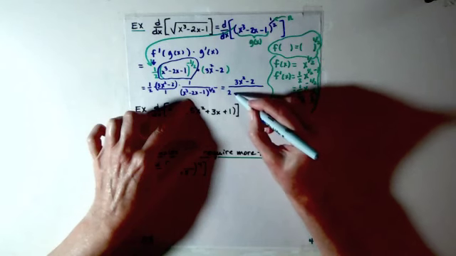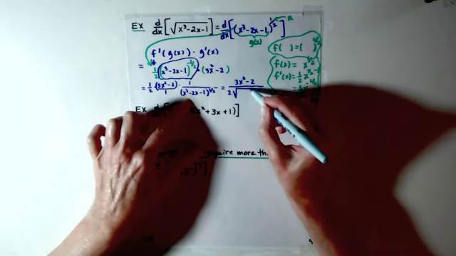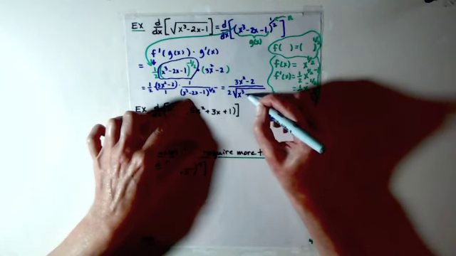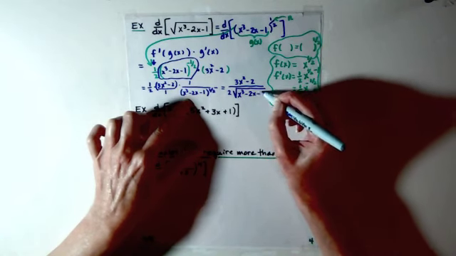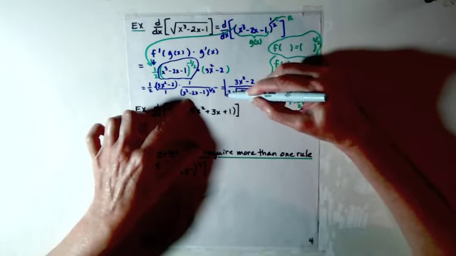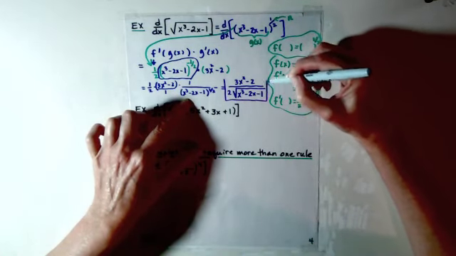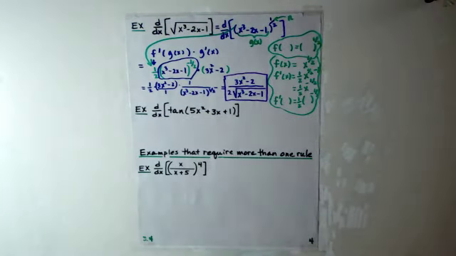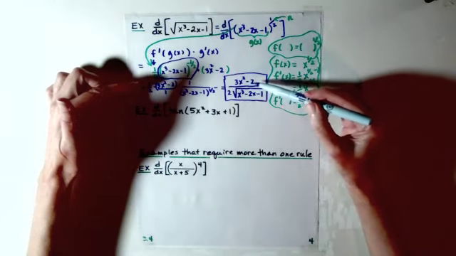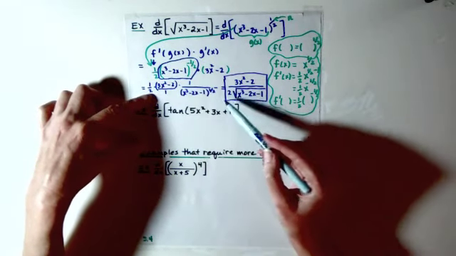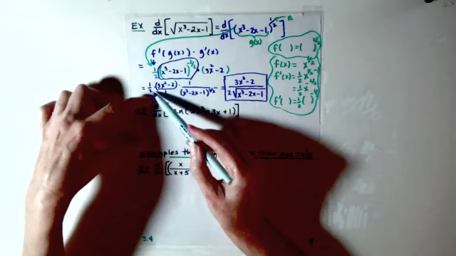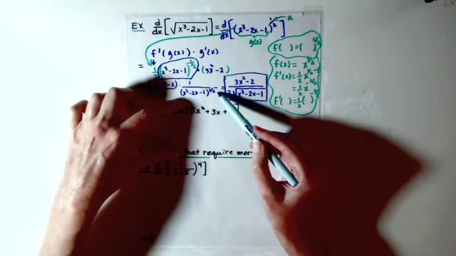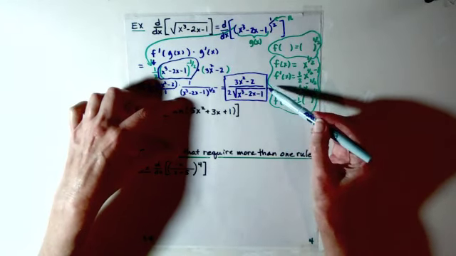So I could write this as square root of x cubed minus 2x minus 1. That would be the slightly preferred way to write our answer rather than leaving this fractional exponent down in the bottom. So the top becomes the 3x squared minus 2. The 2 here out in front came because I had a 1/2, so I had a 2 in the denominator times 1 gave me 2. And this stuff to the 1/2, same thing as the square root of that stuff.